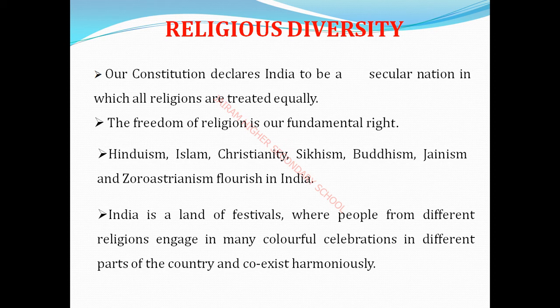Here, constitution means the laws and orders structured by an institution or higher authority. So this is called the constitution. India gives equal importance and treats all religions in our nation uniformly.